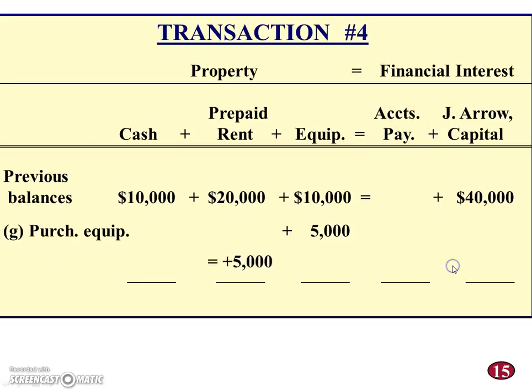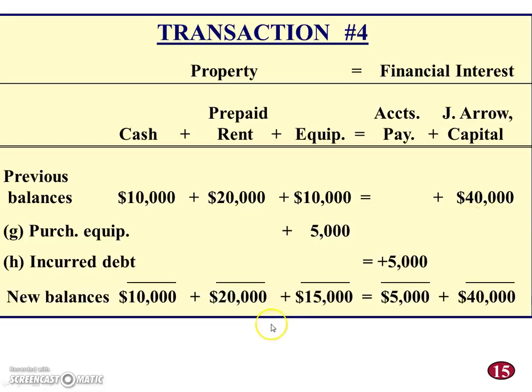And so he's generated a liability of 5,000. Now look, if you could see 5 plus 40, the value of the business now is 45, because not only has he got his capital, he's also purchased equipment. And there you are, 45.